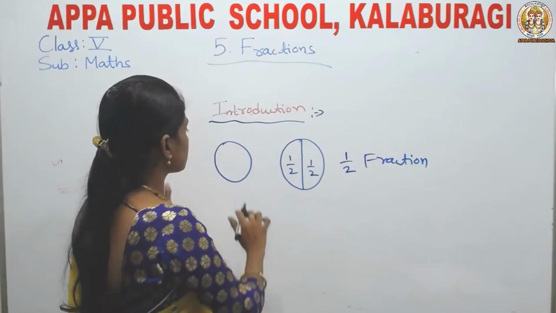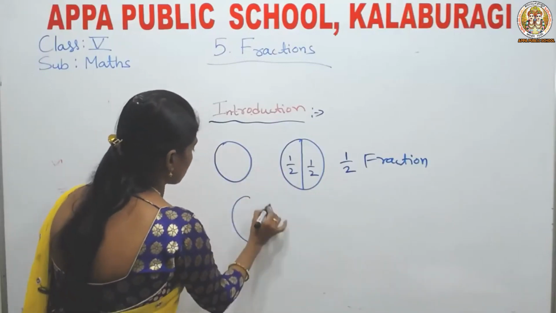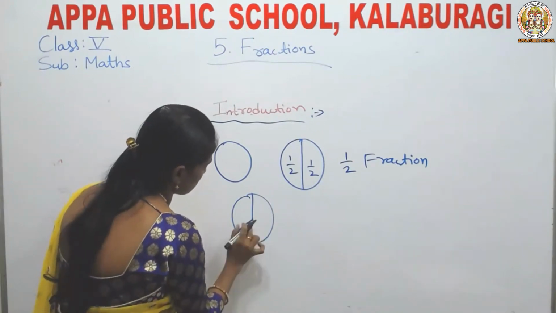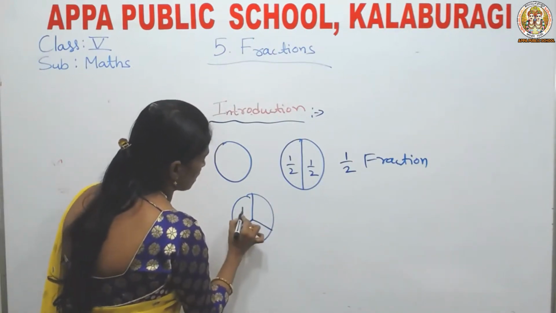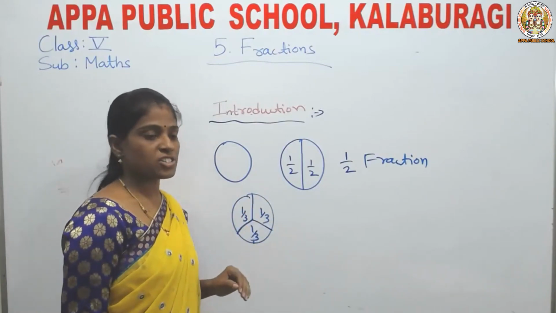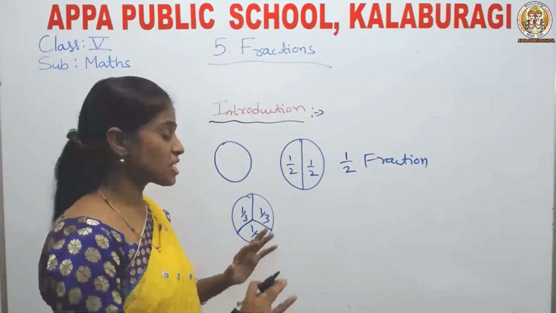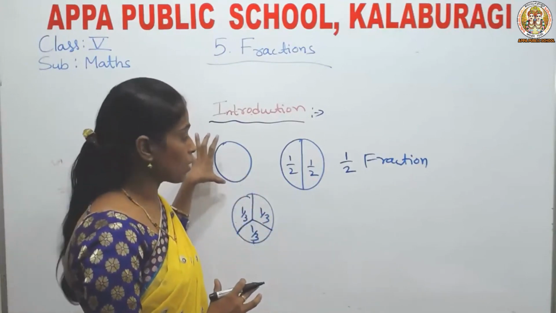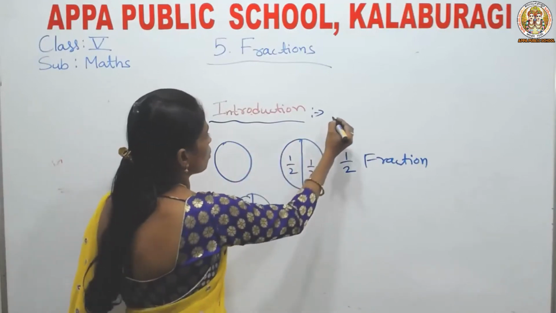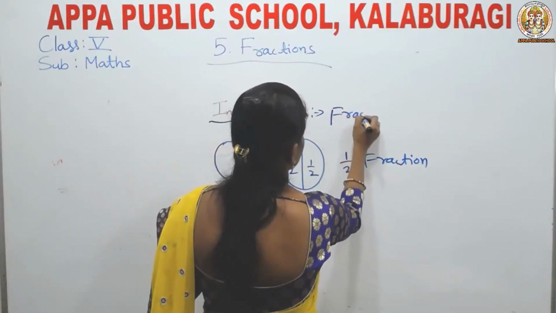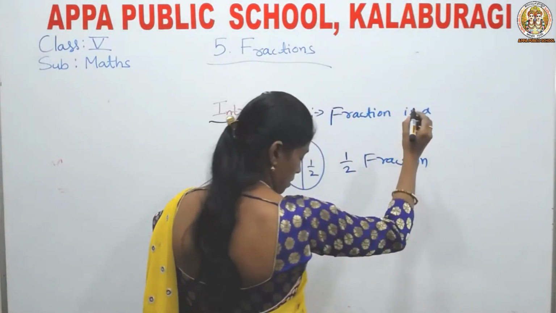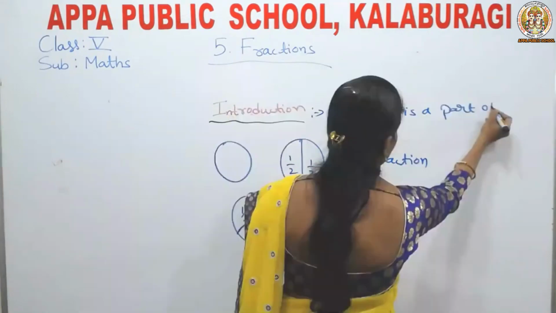And when a whole is divided into three equal parts, we get 1 by 3 and 1 by 3. That is, a fraction is a part of a whole. Write it: fraction is a part of a whole.